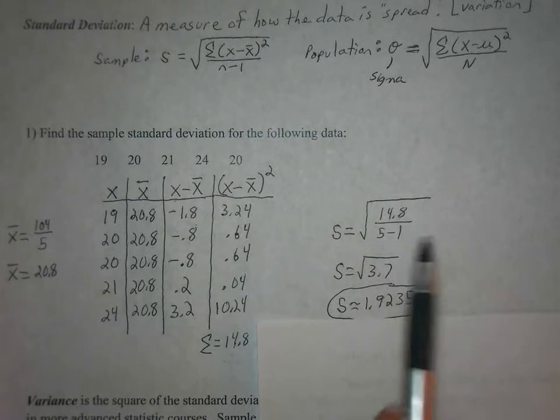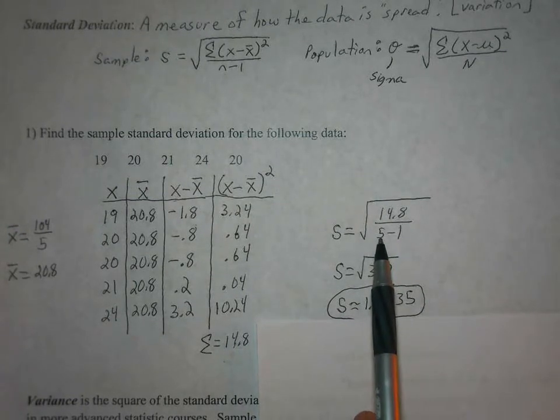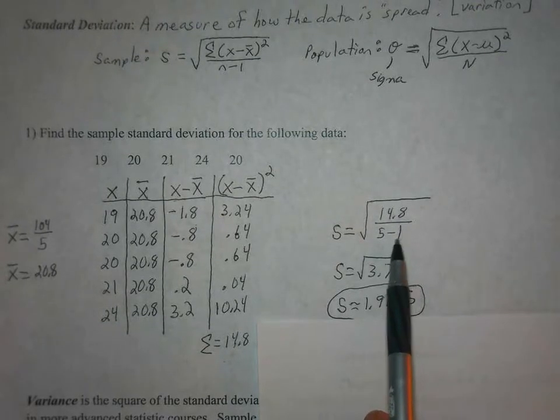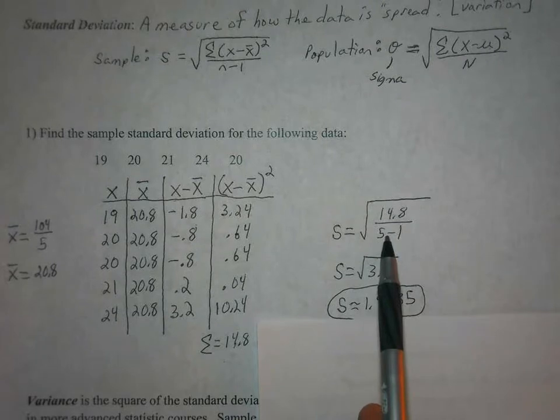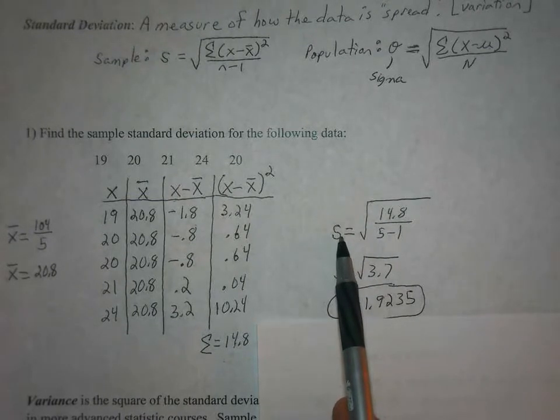Well, without getting into too much detail, the way the sample standard deviation does it, it doesn't divide by 5 to get an average, it divides by 5 minus 1. Now, there are some good explanations out there that are easy to follow, but they take a little bit of time to understand. I don't want to waste the time in the video to do that. Just understand that with the hand calculation, you need to do the sample size minus 1 when you find the sample standard deviation.